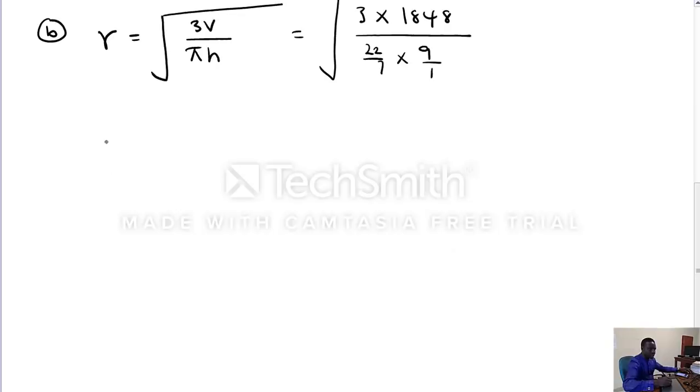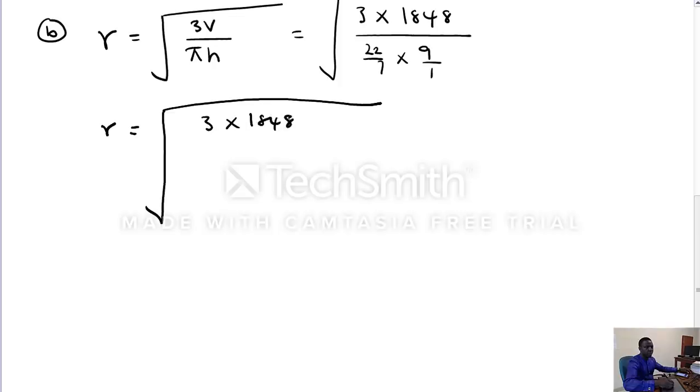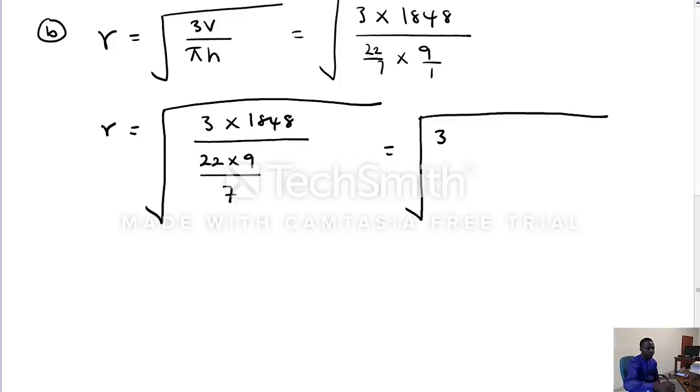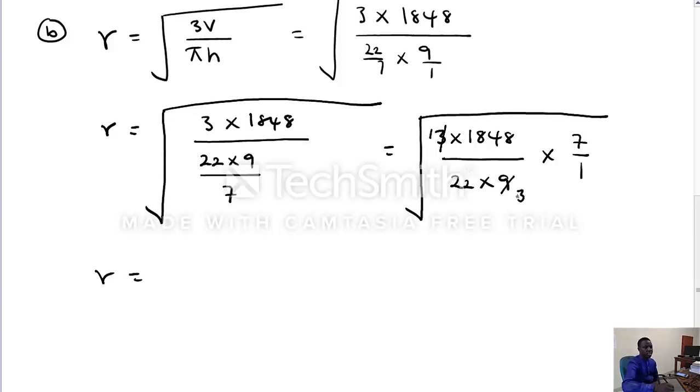This can be simplified to be R is equal to square root of 3 times 1848 divided by 22 times 9 divided by 7, which can further be simplified to be square root of 3 times 1848 divided by 22 times 9 times 7/1, so that this can be said to be equal to, now 3 can go, 3 into itself is 1, 3 into 9 is 3.